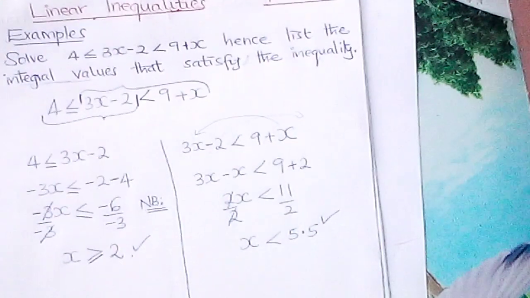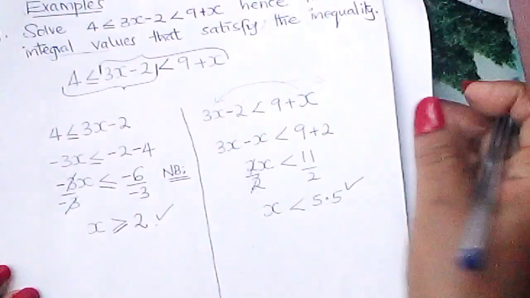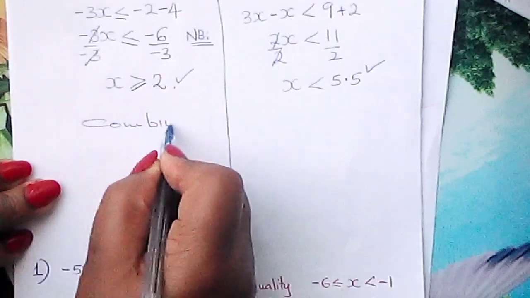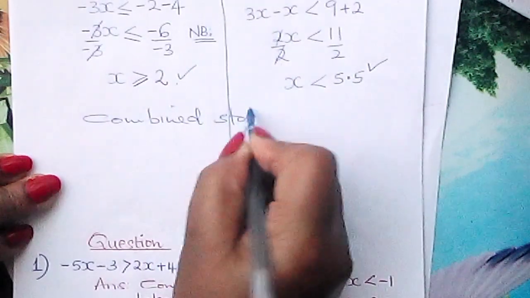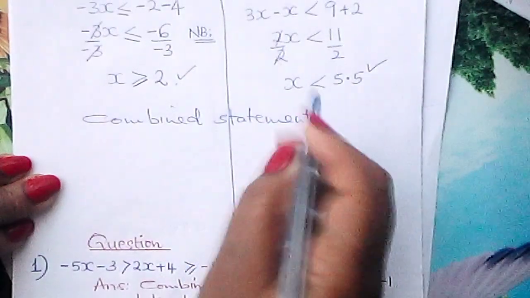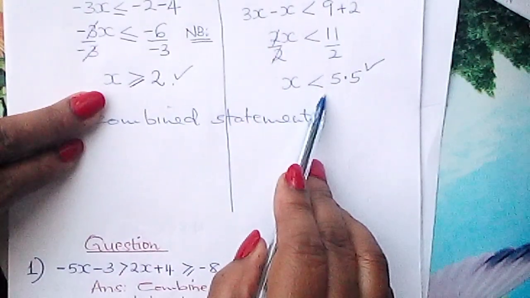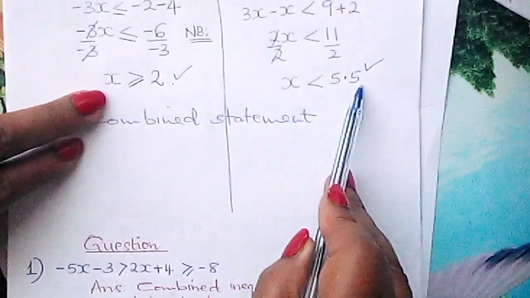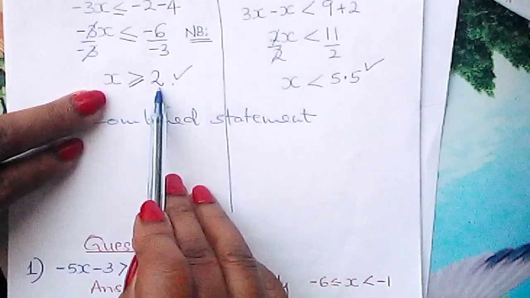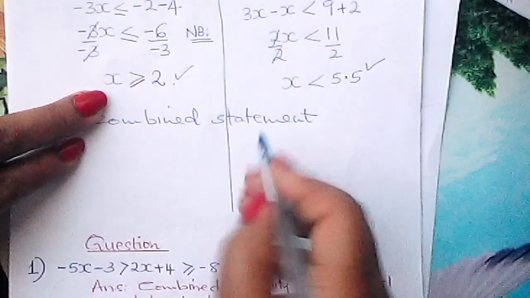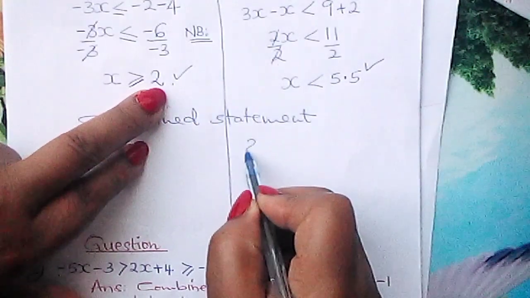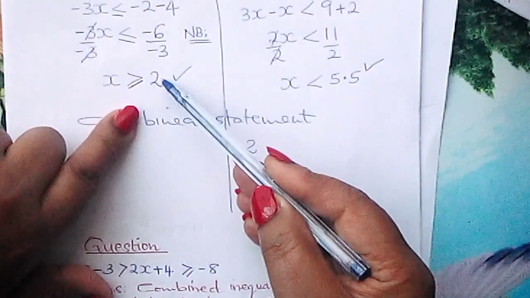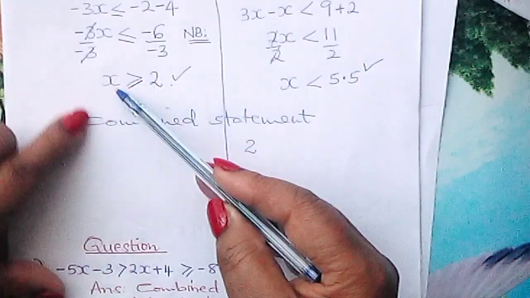Another simple inequality. From here, learner, bring the two together to form what we call a combined statement or combined inequality. How do you bring these together? You check on the smaller number. You have 2 and 5.5, so you start with 2.